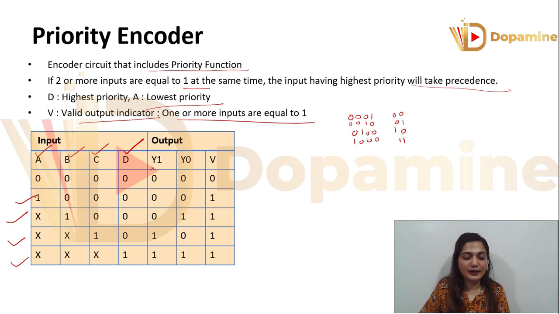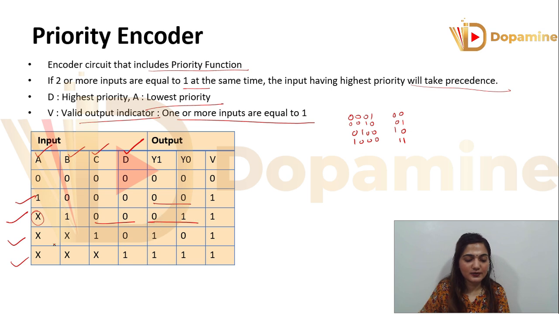Now coming to Y0 and Y1. A is having the lowest precedence, and if A is 1 and all the others are 0, then we are going to get 0, 0 as the output. If I have B as 1, whatever my A is, I don't care about A. C and D are set to 0 because these are higher precedence. So lower precedence could be 0 or 1, so it is don't care.